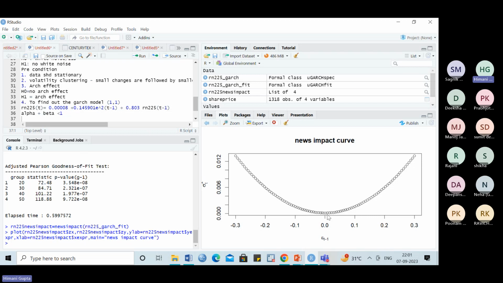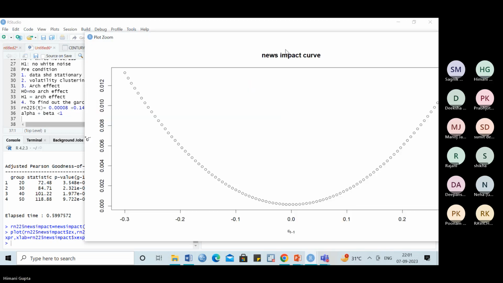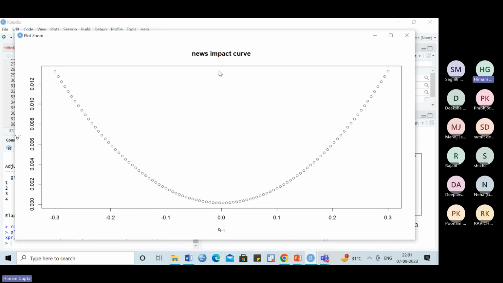If you will see, this is 0. If I draw a straight line from 0 and fold it, it will be completely overlapping the other part. This is your bad news. This is your good news. So over here you can see negative news. Negative means bad news, and over here is a positive sign, which means good news.